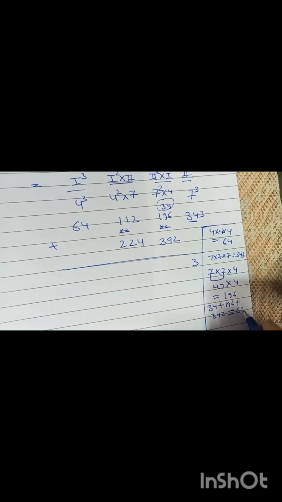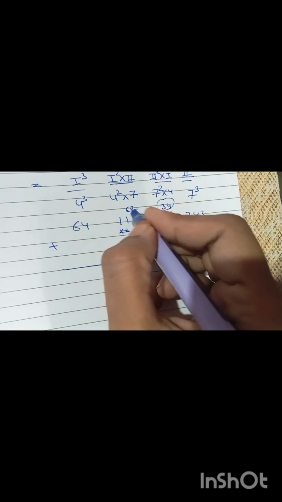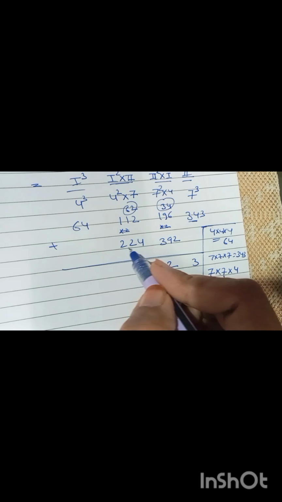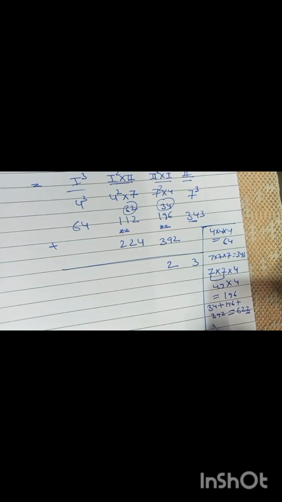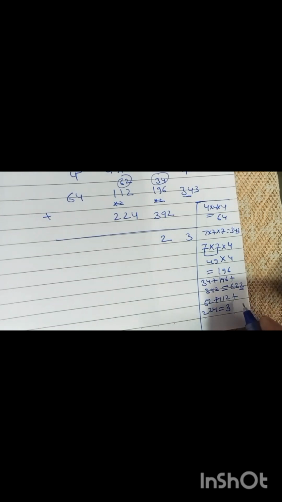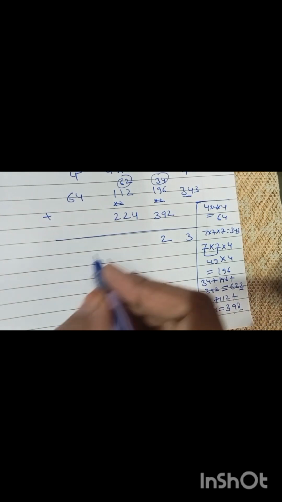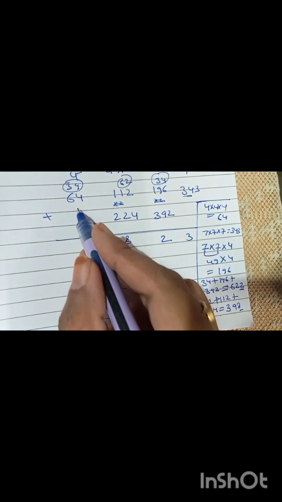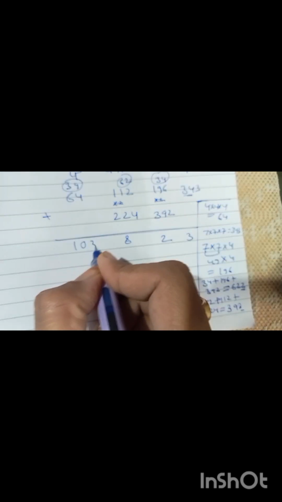It will be equal to 622. I will write only 2 and 62 will be carried. In the next step we will add 62 plus 112 plus 224, which equals 398. I will write only 8 and 39 will be carried. So 39 plus 64 is equal to 103.